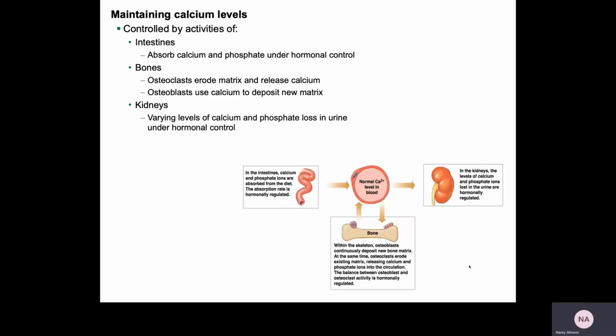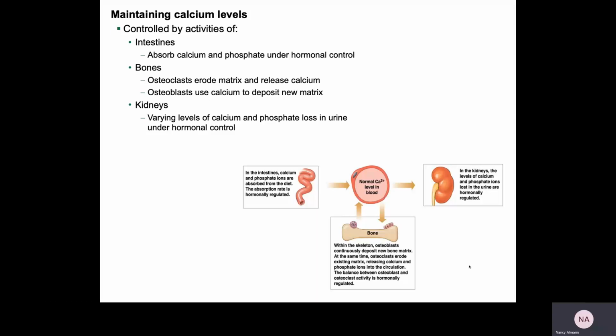The other reason we need to know about bone remodeling is because we need to maintain the appropriate blood concentrations of calcium. There are three ways that we maintain calcium levels at the appropriate concentration in the plasma. The intestines can absorb both calcium and phosphate due to various hormonal control.